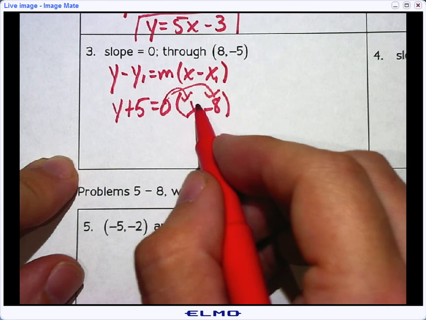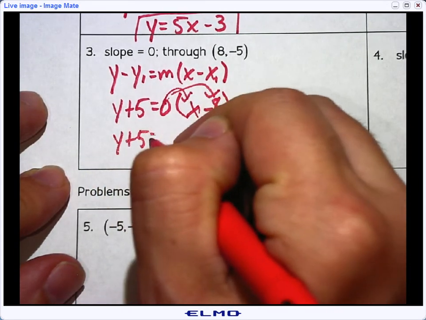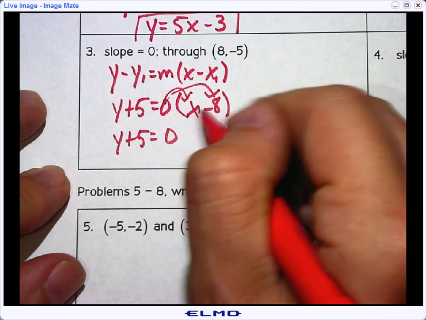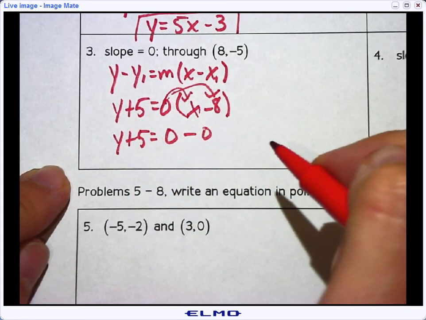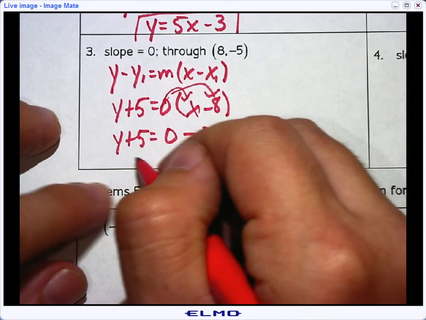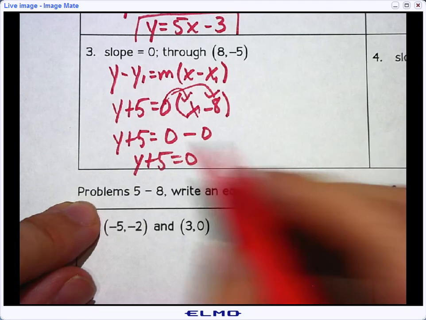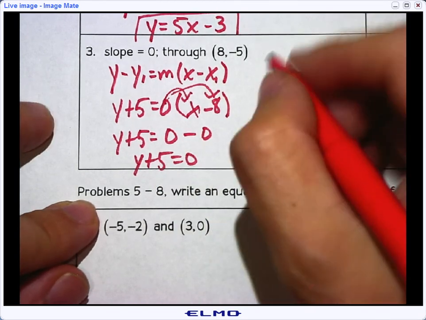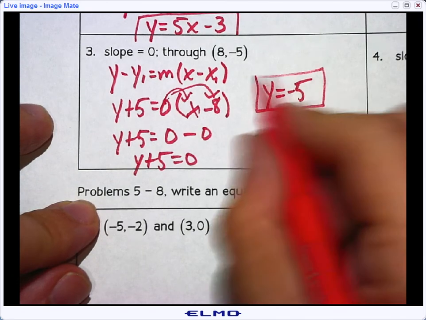Remember, 0 times anything is just 0. So y plus 5 equals 0 times x is 0, minus 0 times 8, which is 0, and 0 minus 0 is still 0. So this turns into y plus 5 equals 0. Subtract 5 from both sides, we get the final answer, y equals negative 5.